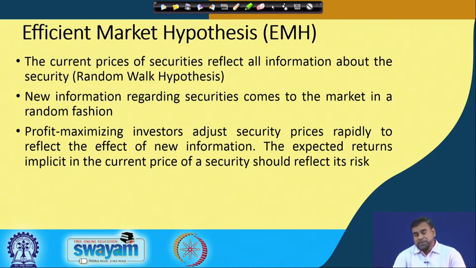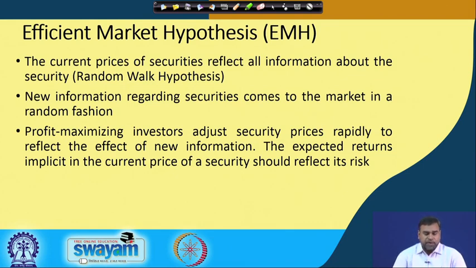So, if all the information about the securities comes to the market in a random fashion, then we can say the stock prices follow a random walk, and the information reflected in the stock price captures all types of news and events related to that particular stock.